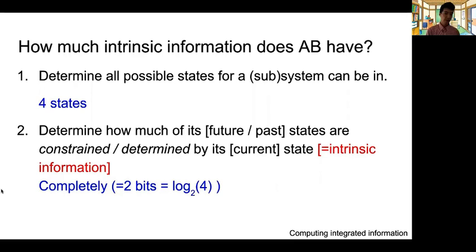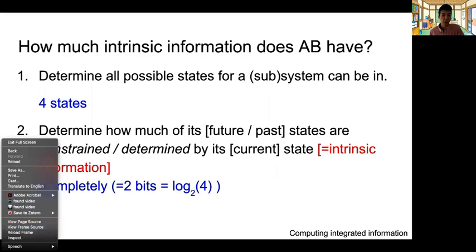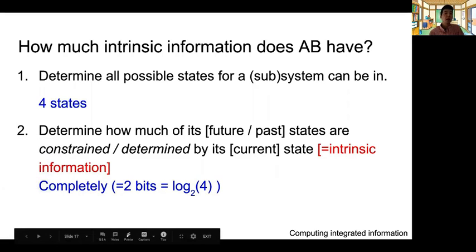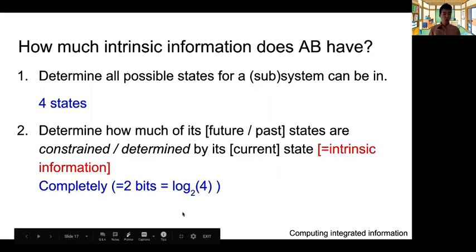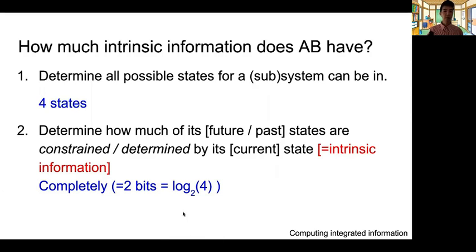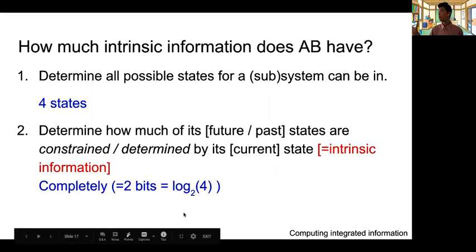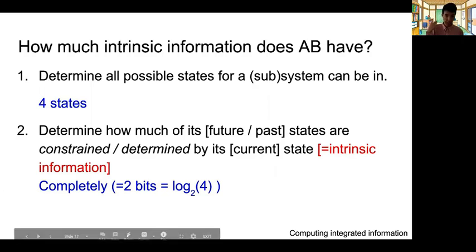So it's 2 bits. If you know the terminology of bits, that corresponds to 2 units: the state is completely determined by each, so 1 bit plus 1 bit is 2 bits. That corresponds to the logarithm of 4 states over 1 state, since 4 states are now reduced into 1 state. That's the information terminology, but you don't need to understand this part.